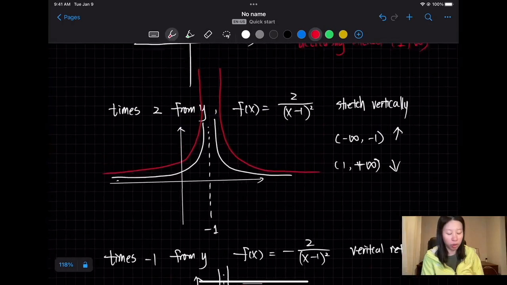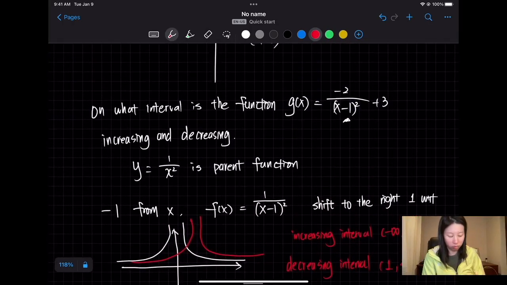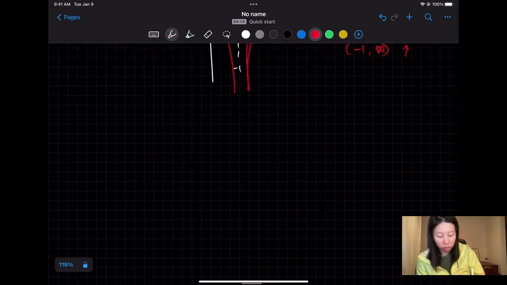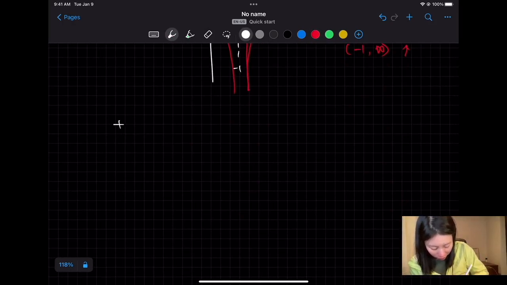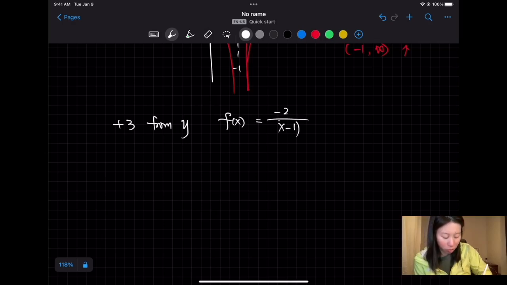All right, so what's the next? The next is you add 3 at the end of the function. Well, what happens if you add 3? You add 3 from y, not from x. So your function is going to become f(x) equals negative 2 over x minus 1 squared plus 3.